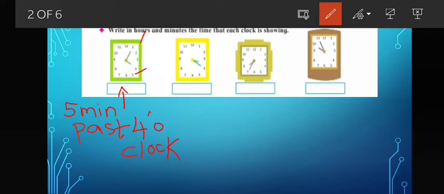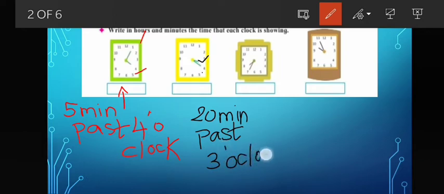Now in the second option you can see this is hours hand and this is minutes hand. The hours hand is at 3 o'clock and the minutes hand is at 4's place. So 5 fours are 20. So you will write 20 minutes past 3 o'clock.